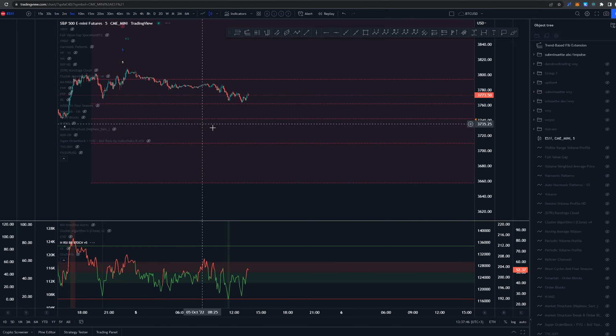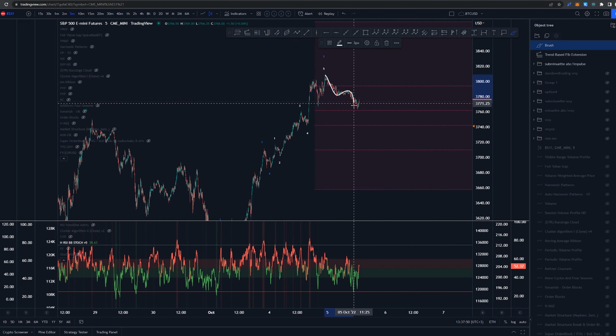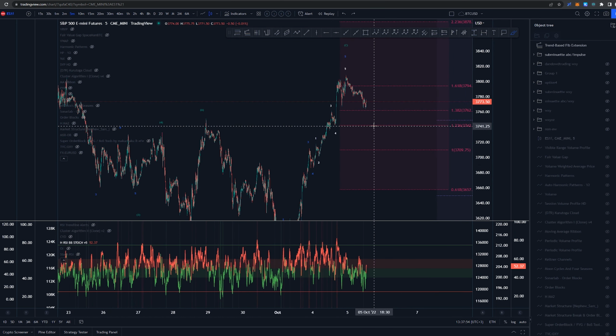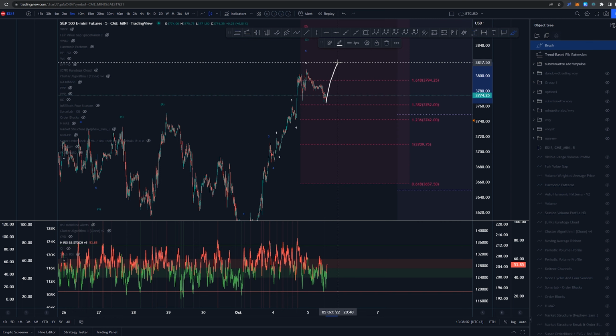Now, as mentioned again, this move is very three-wave-ish, so I don't think we are actually impulsing downwards at the moment. That's basically the reason why I'm not really looking too much higher here.